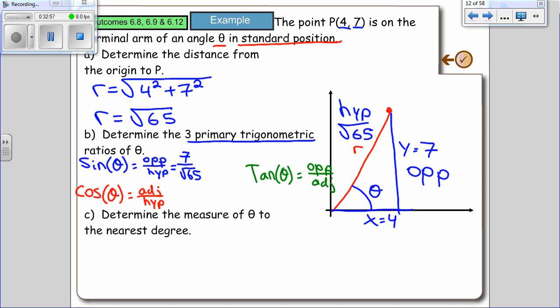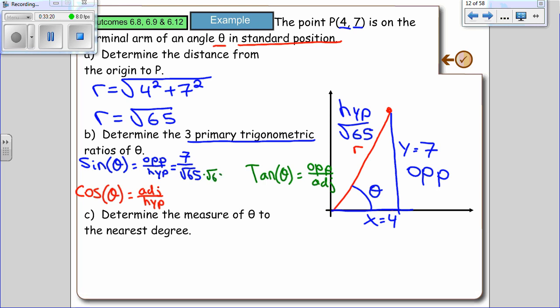So that means you need to rationalize your denominator. To rationalize a denominator, you multiply the top and the bottom by root 65.